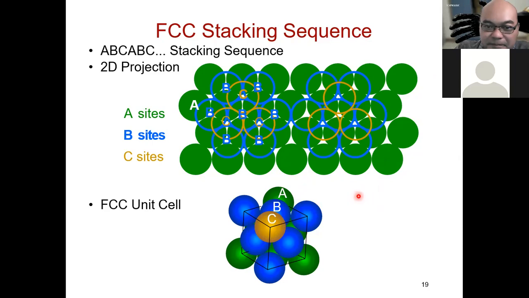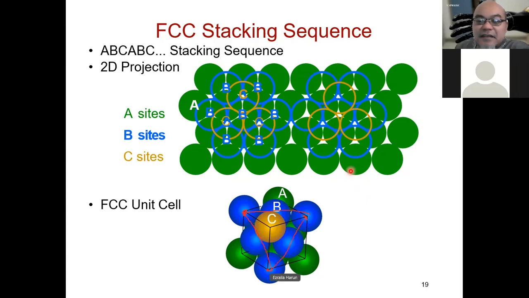So for the X is in here. Yes, the shape is like this, right? So it's 111. Yes. It intercepts the x-axis.